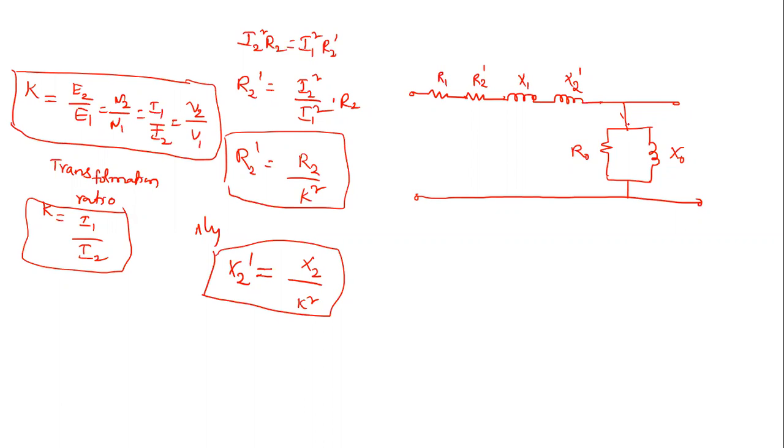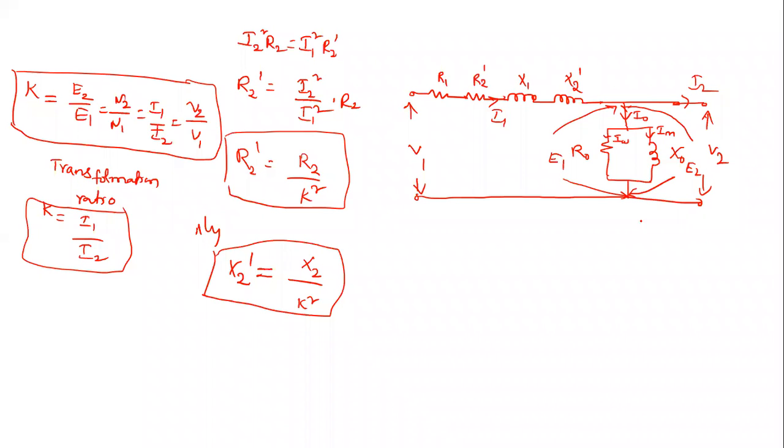There is a current I0, with components IW and IM. This is V2, with induced EMF E2 and E1. Current I1 flows here, here is V1, and I2 also flows. So this is the equivalent circuit of the transformer.